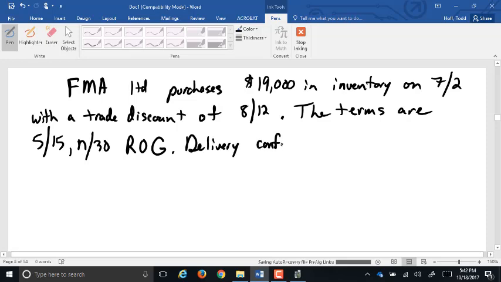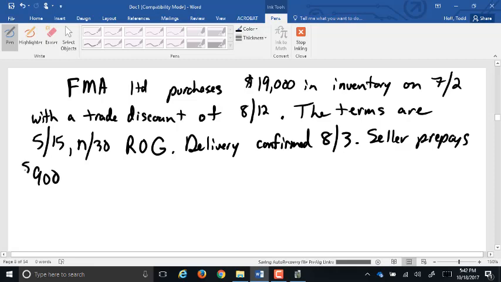Delivery is confirmed 8/3. Seller prepays $900 in freight.